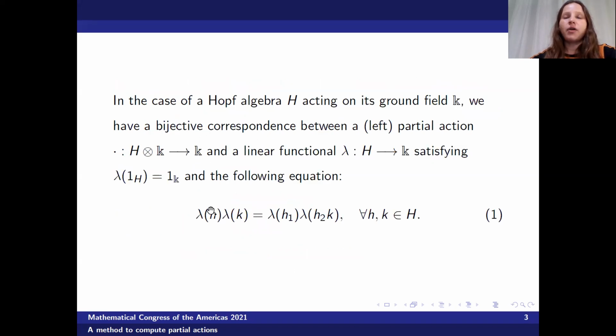In the case of a Hopf algebra H acting on its ground field K, we have a bijective correspondence between partial actions and linear maps lambda in H star satisfying these two equations.